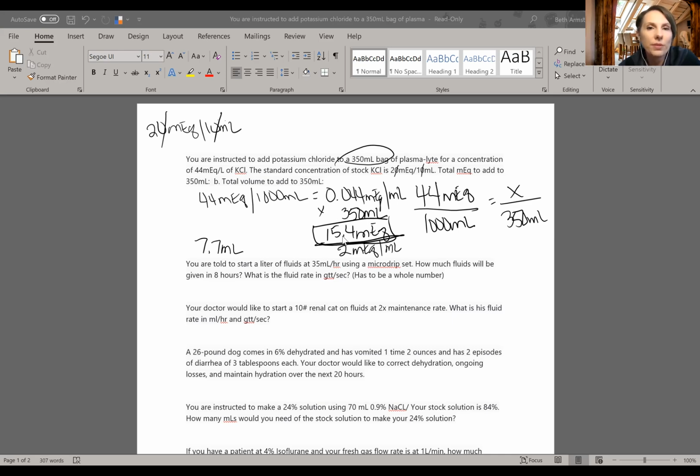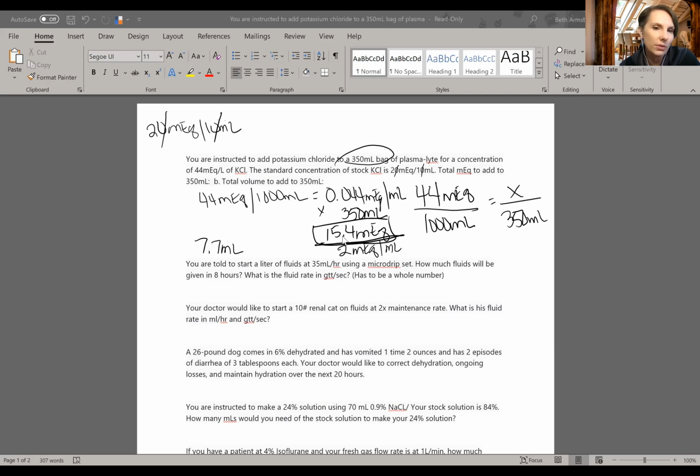Milliequivalents are used only for electrolytes. We use it for potassium chloride, and for potassium phosphate. Anything that you see that is some sort of electrolyte, you're going to see it with a milliequivalent.